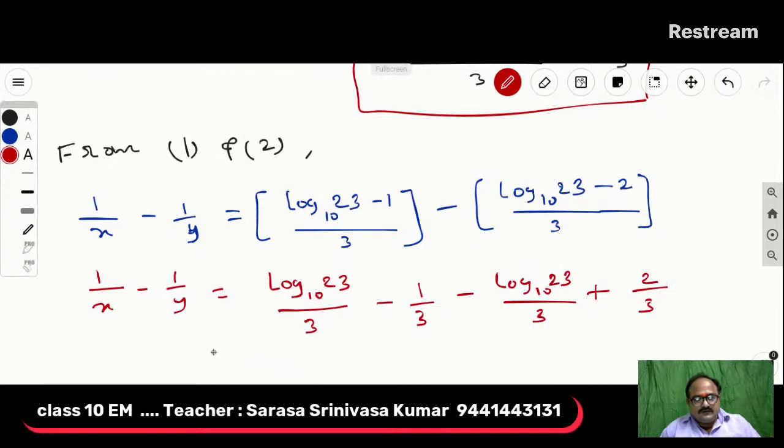Now on cancellation, we get after simplification of this right hand side, 1 by x minus 1 by y equal to 1 by 3.